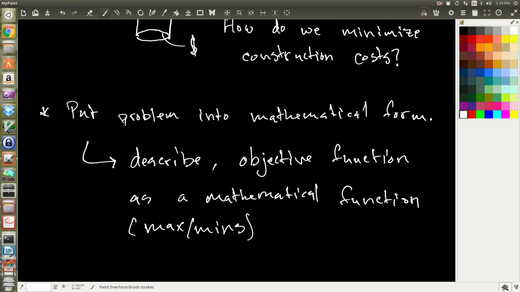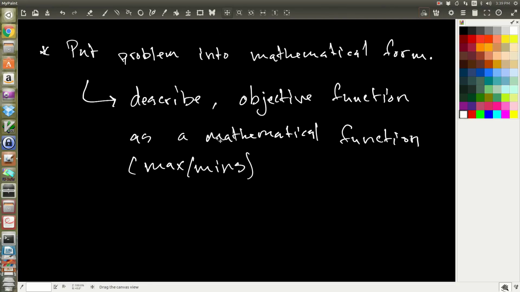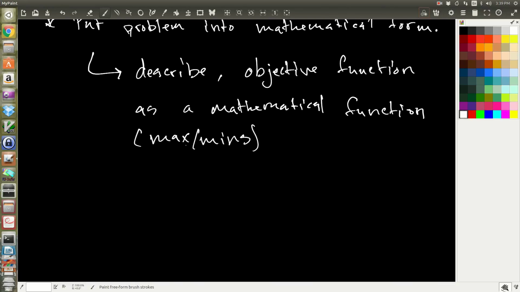And then we might have some constraints. Such that, like for example, our tank, we said, was constrained by it had to hold a certain volume of fluid.